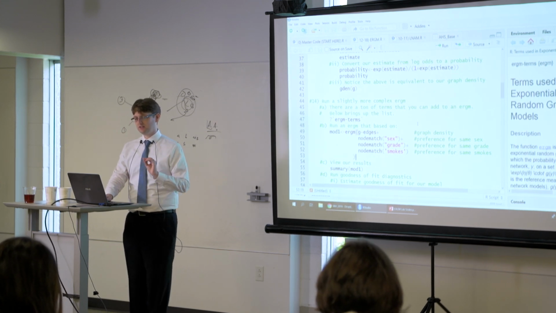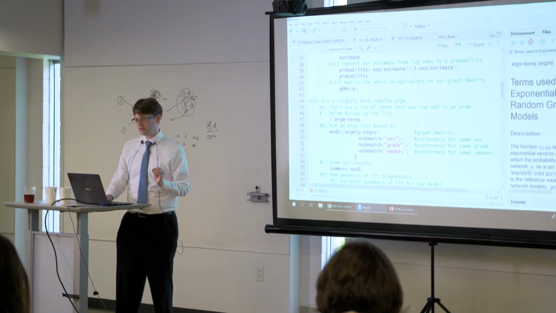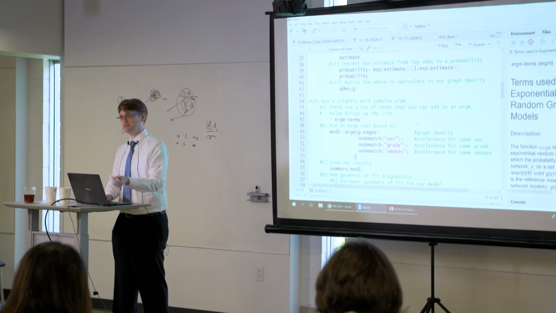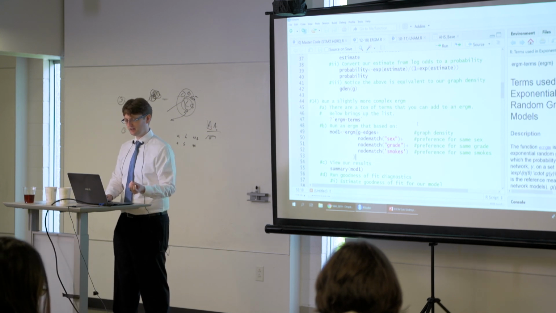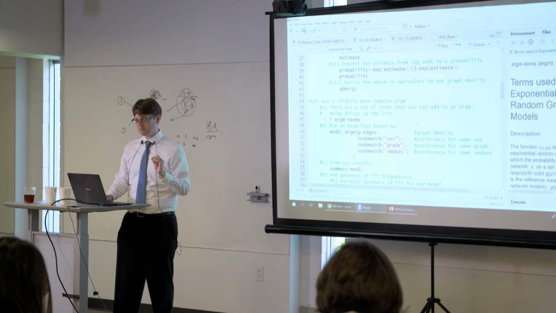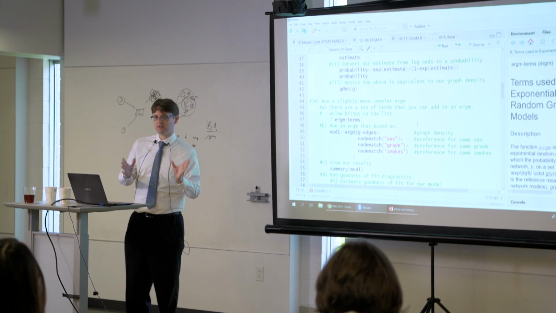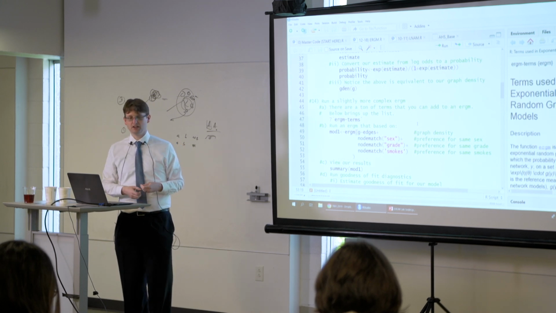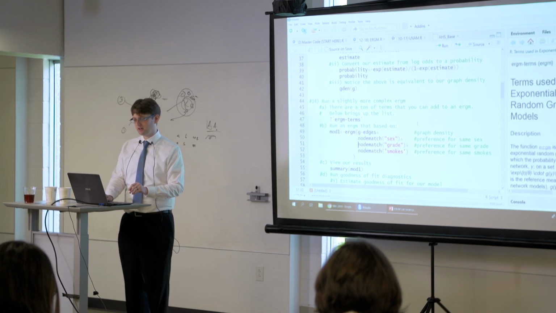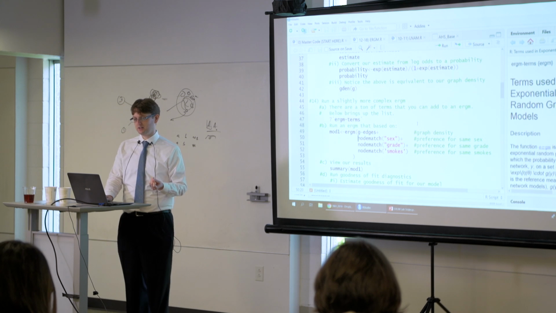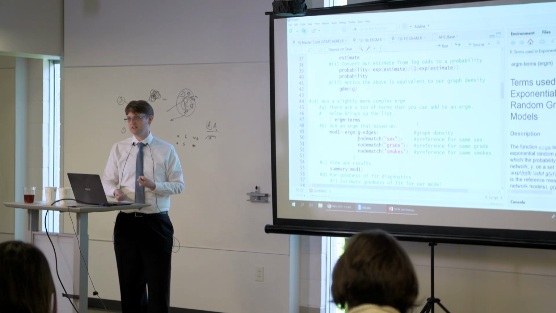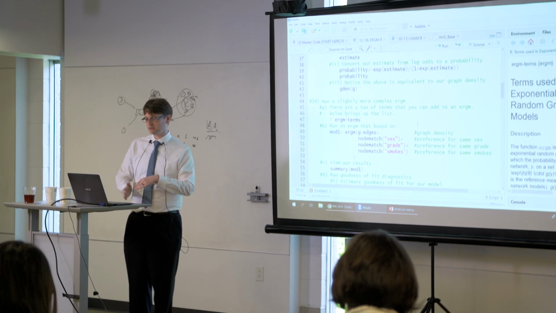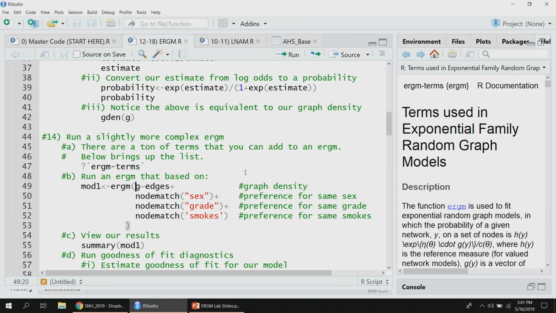And we could say, okay, simulate a bunch of models and try to come up with coefficients that would create a graph that looks as similar to our graph as possible. It's doing this through this MCMC iterative process. It's coming up with an estimate for some sort of beta for preferences, and it's updating it to get a graph that looks more like the graph we have. So we run this.